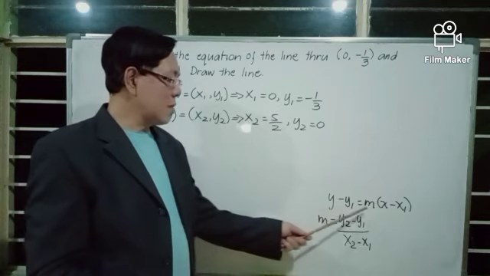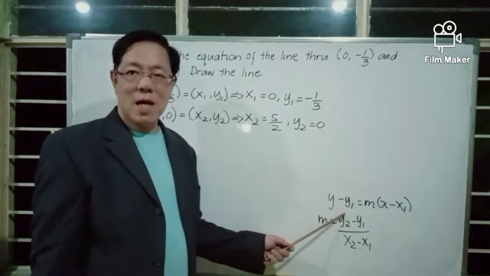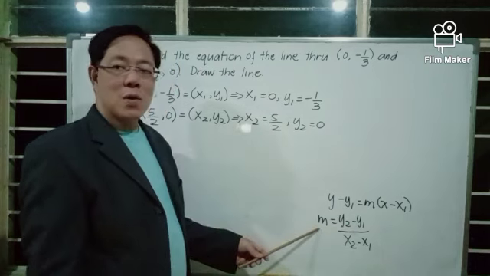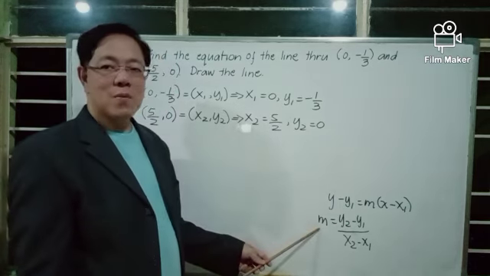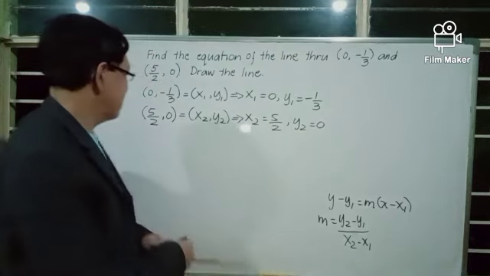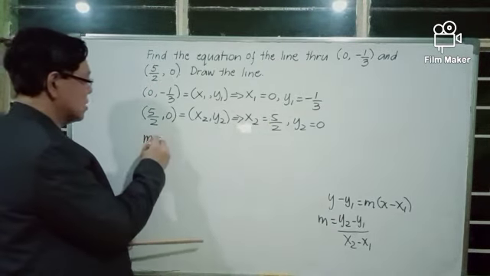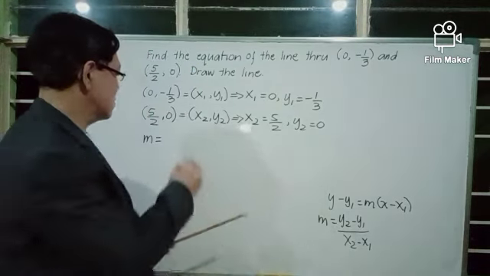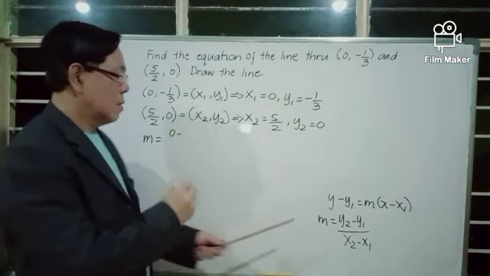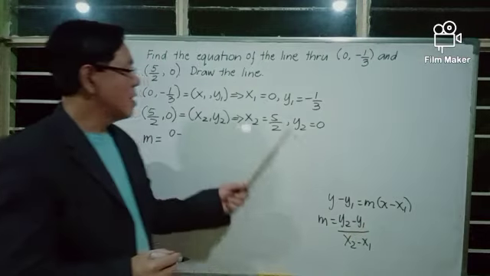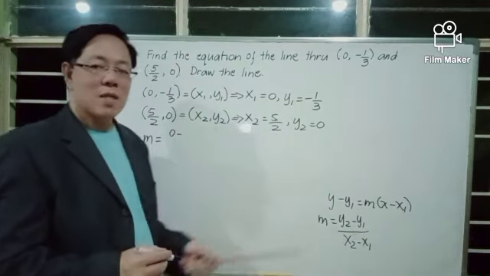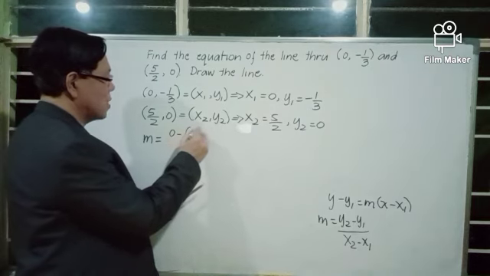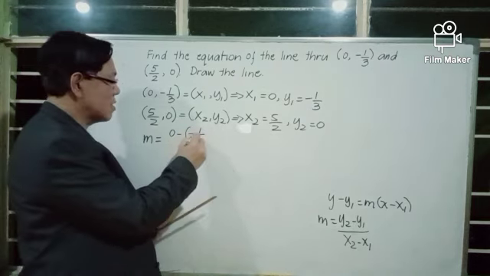In using the slope point form of equation of the line to find the unknown equation of the line, we first calculate the slope m. The slope m of the line is equal to y2, 0, minus y1. Our y1 is negative 1/3, and we write that in open close parentheses, minus negative 1/3.